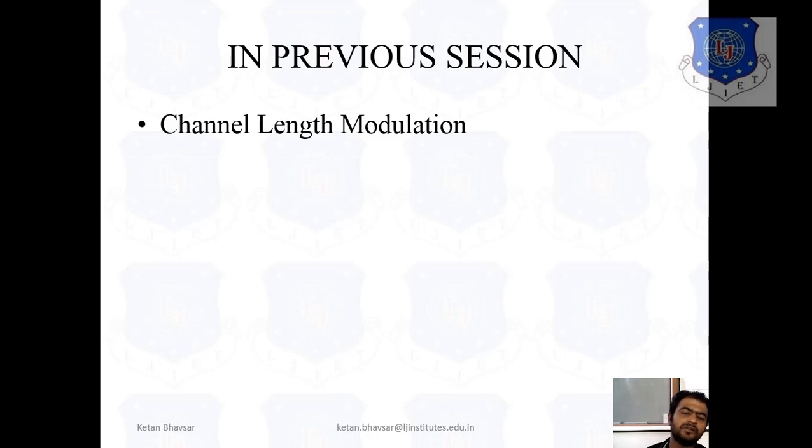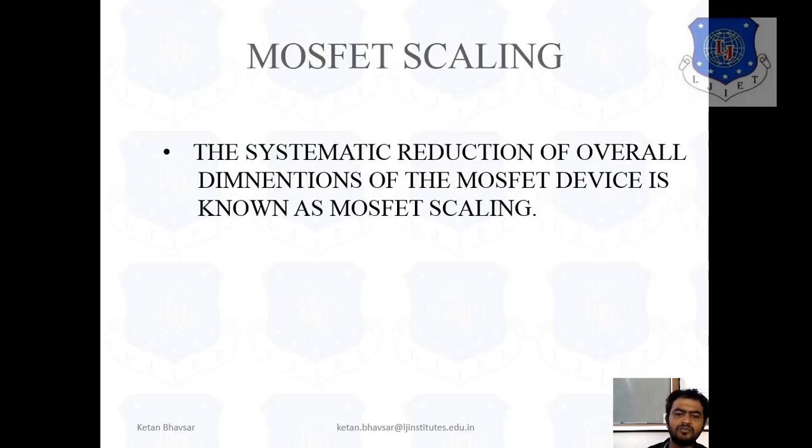So we have already discussed channel length modulation in depth in the previous session. Now we move on to MOSFET scaling. What exactly is MOSFET scaling? Scaling means we have to reduce the measurements.